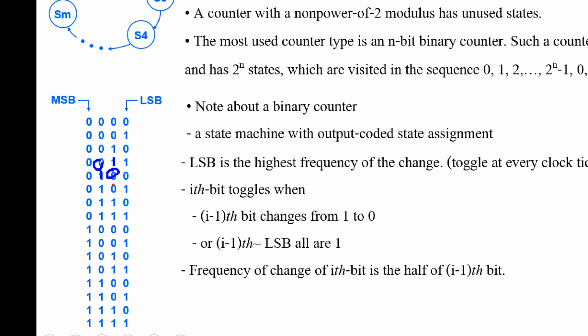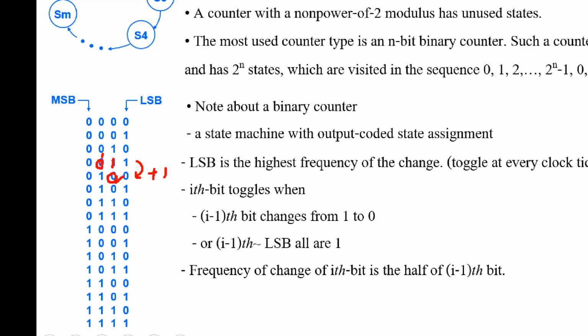This one also: 0 to 0 not change, 0 to 1 not change, 1 to 1 not change, but from 1 to 0 it changes. So you can observe this. Why? Because when you add 1 and it changes from 1 to 0, that means a carry out occurs.